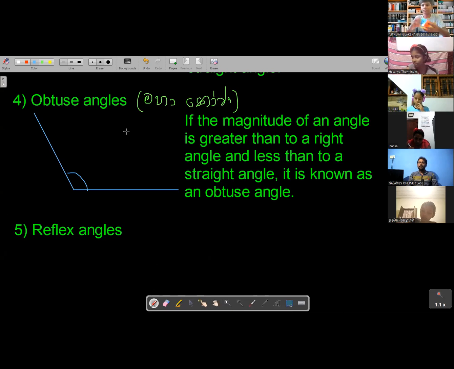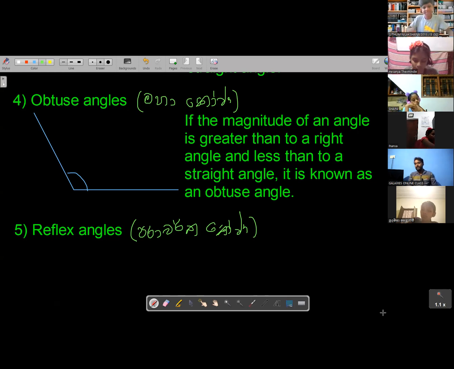The Sinhala meaning of the reflex angle is paravarta kona. Also, I think this is another new type for grade 6, right? You didn't study about this one in grade 5.